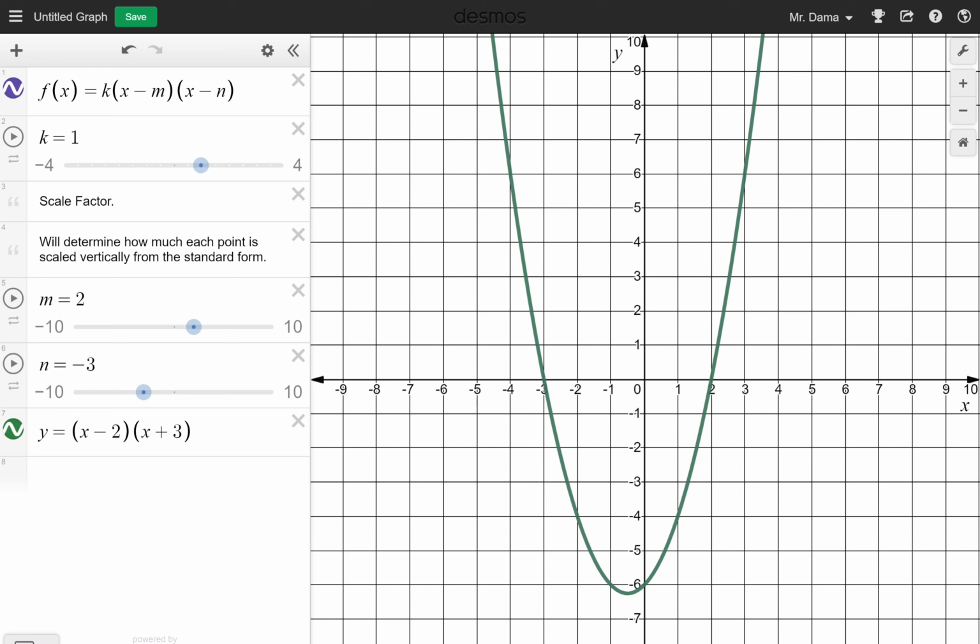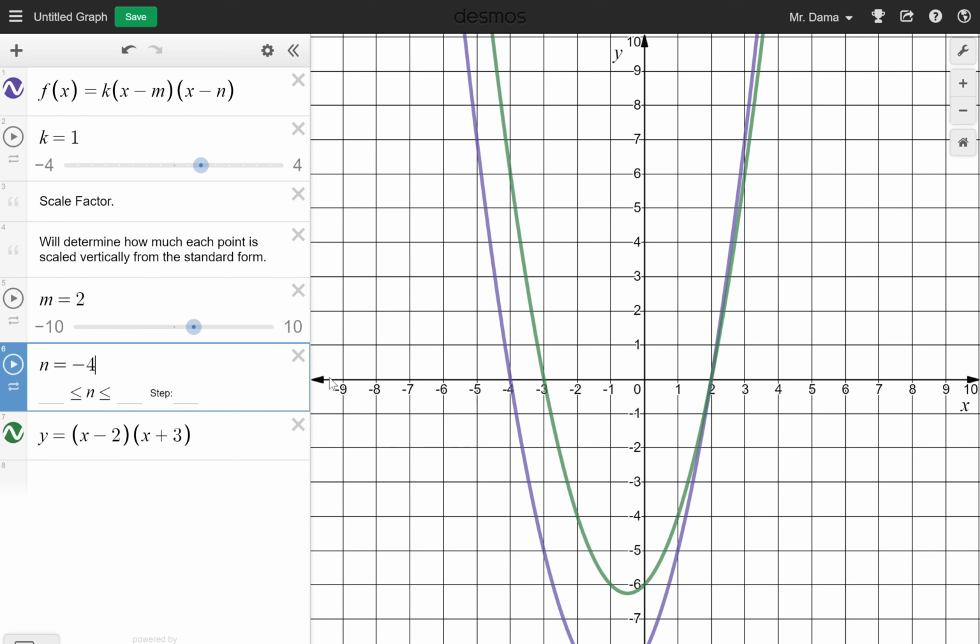Parabolas also have a symmetry going down the middle, and that symmetry is halfway between the two x-intercepts. So let me pick some nice x-intercepts. So -4 and 2. Get rid of this thing.